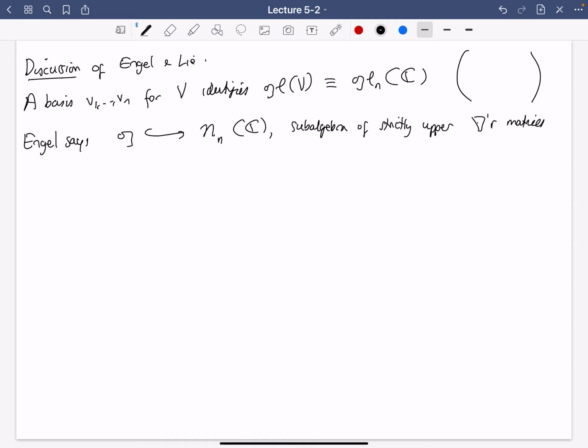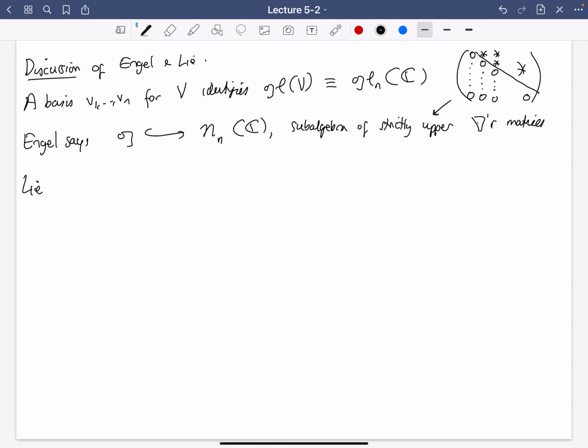So in our ordered basis, elements of G send v1 to 0, they send v2 to a multiple of v1, they send v3 to a combination of v1 and v2, and so on. So you get strictly upper triangular matrices. That's N_n(C).